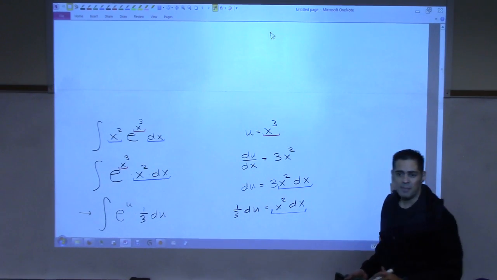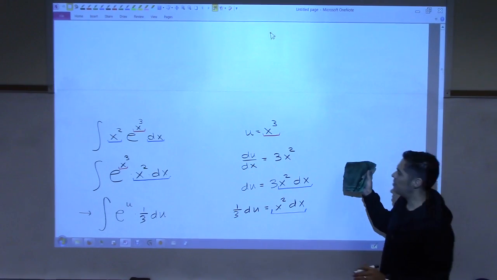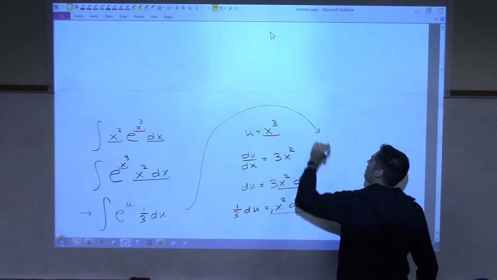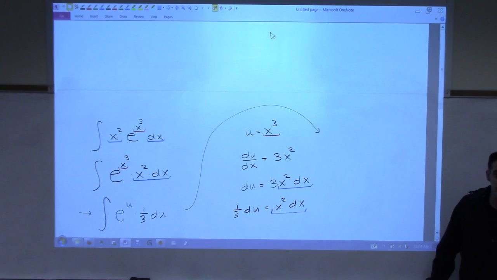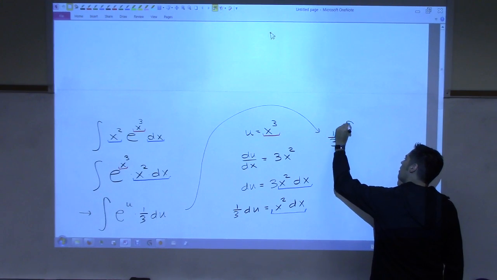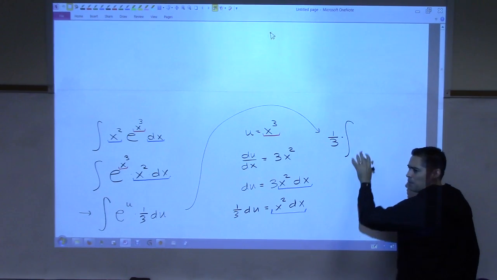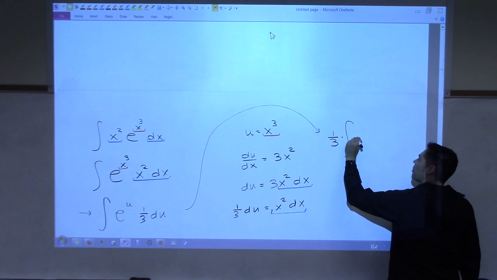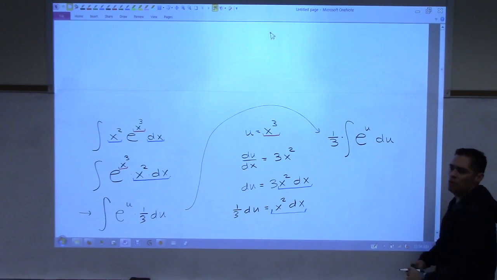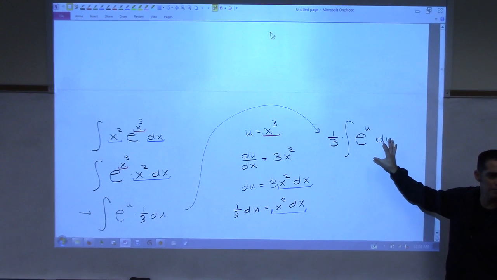And that's something I'm happy to see, because remember with antiderivatives, constants come along for the ride, just like with derivatives. I'm going to put the 1/3 out in front of the integral, because that's just multiplication. And I'm going to ask myself, what is the antiderivative of e to the u? It's a new problem.